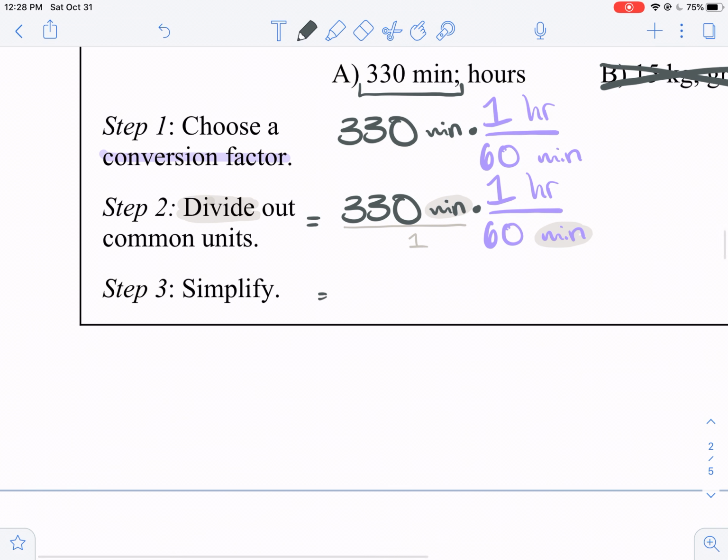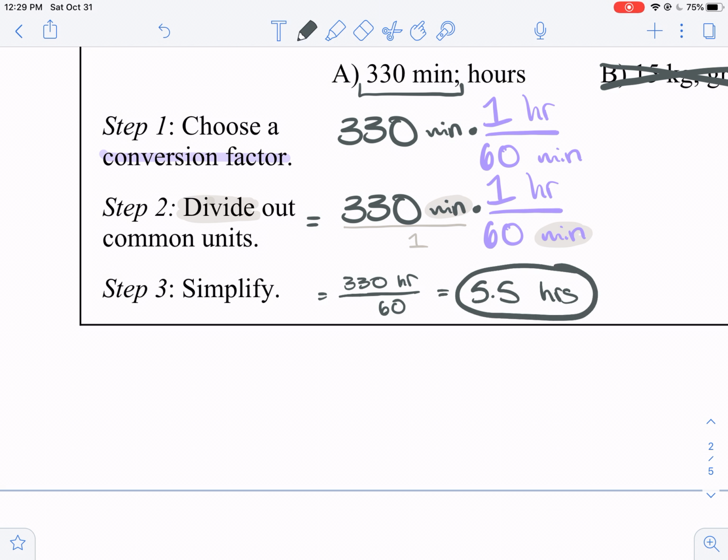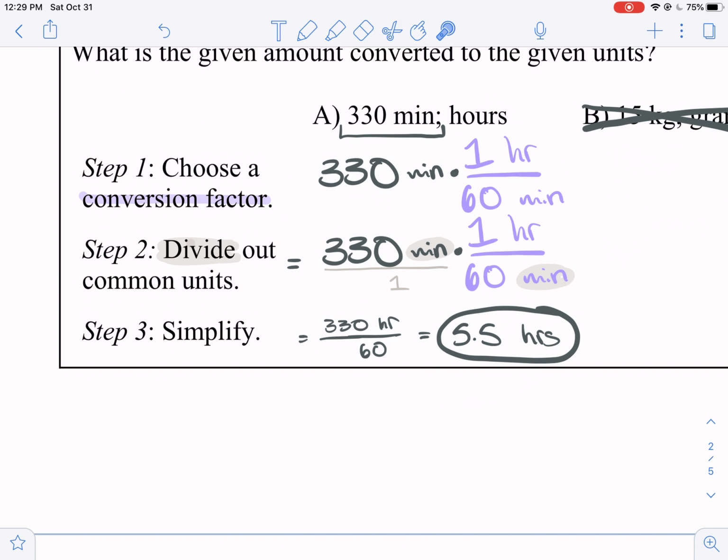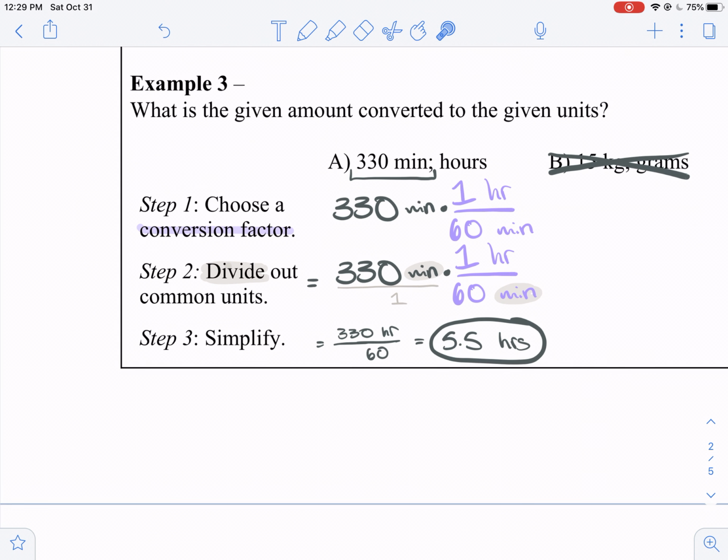So we have 330 over 1 times 1 hour over 60, which is 330 over 60. 330 divided by 60 is 5.5. So that gives us 5.5 hours. So if you see a movie that's 330 minutes long, you better be ready to take a potty break, because that's 5.5 hours of your life you're committing to this movie.